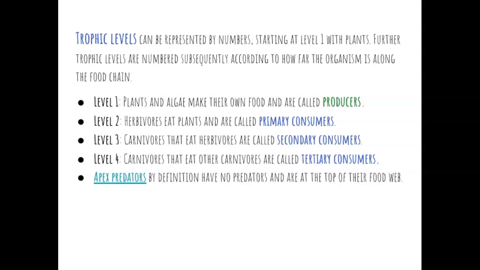The number of levels in your food chain is based on the productivity of the plants. So the more productivity you have in level 1, the more levels within your food chain you're going to be able to support. If you think about something like a tropical rainforest that has a lot of different types of plants and a lot of plant material, there are many, many levels.